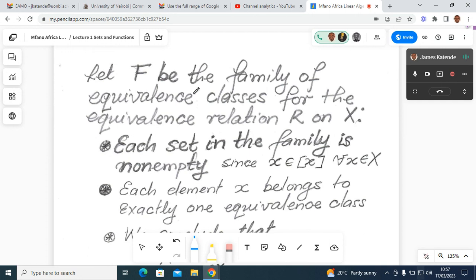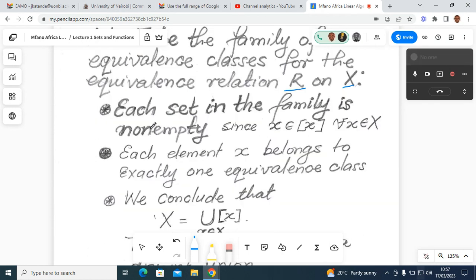Suppose we get a collection of all possible equivalence classes of a relation R on a set X. Then each set in the family of equivalence classes will be non-empty. Every element will belong to some equivalence class. In particular, it will belong to its own equivalence class. So any element you pick from the set X will belong to some equivalence class.